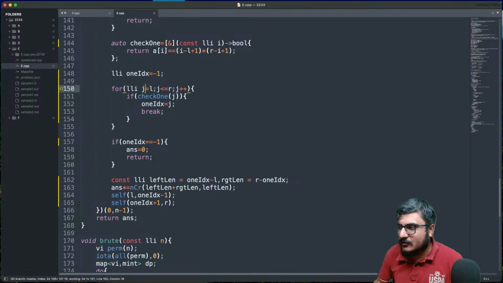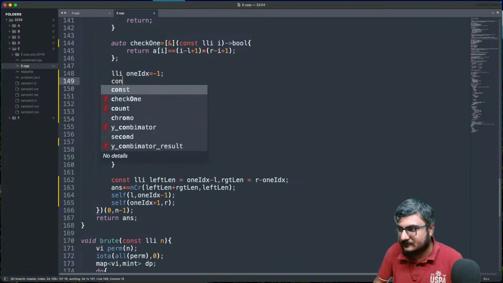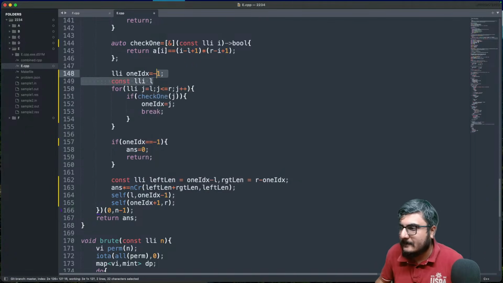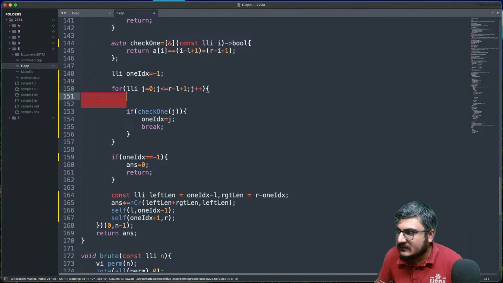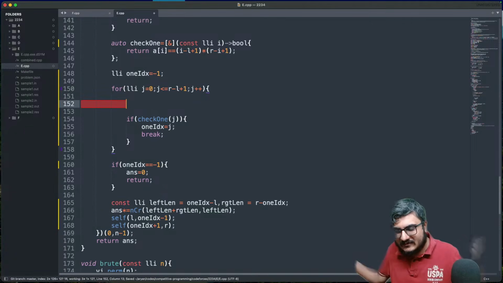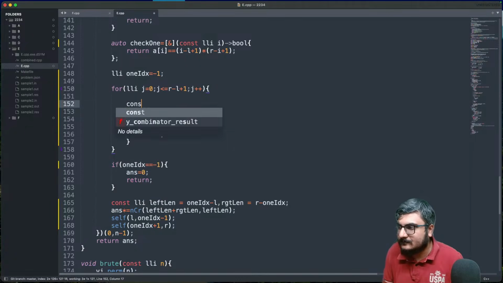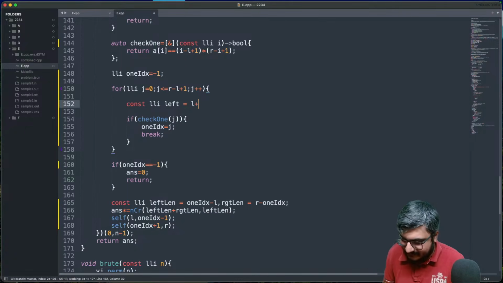One more brute way to do is this: rather than going from one end, let's go from both the ends, which is L plus j, R minus j.